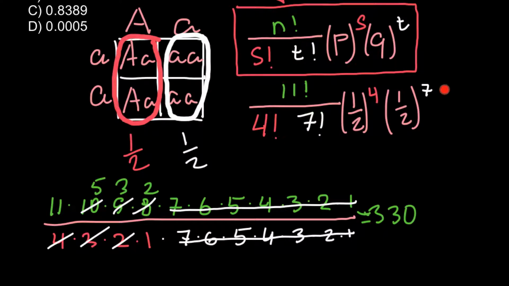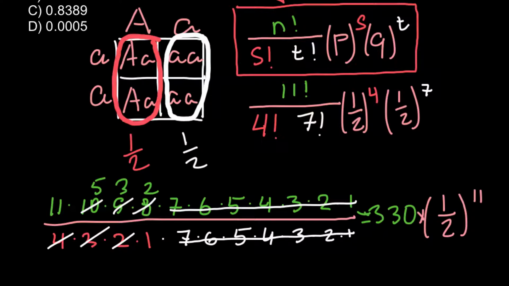And as for this part of the formula, we can multiply the same fractions with different powers by adding one power to another one. So basically this part would be the same as 1/2 raised to the power of 11. And of course a multiplication sign here.